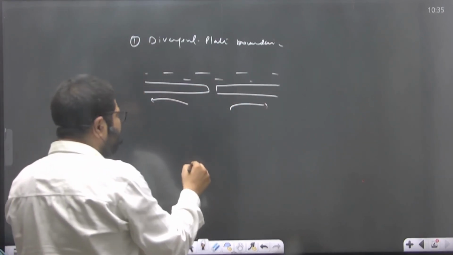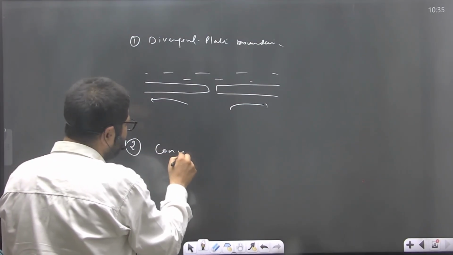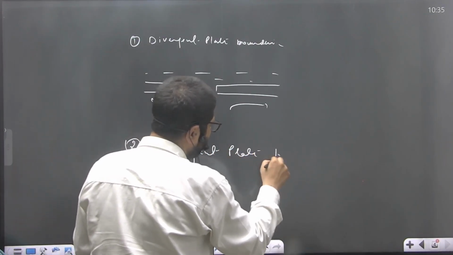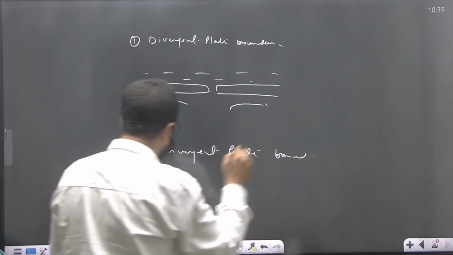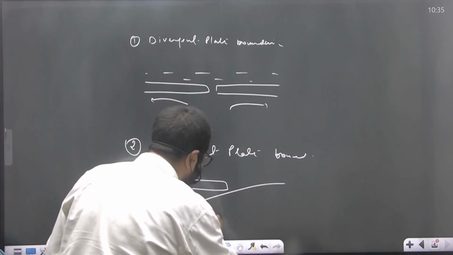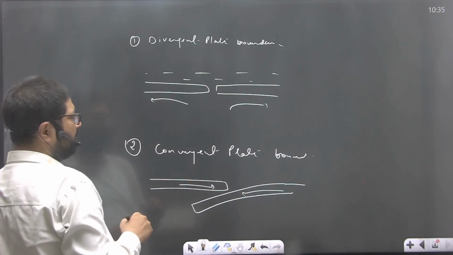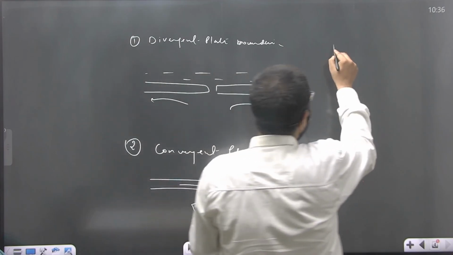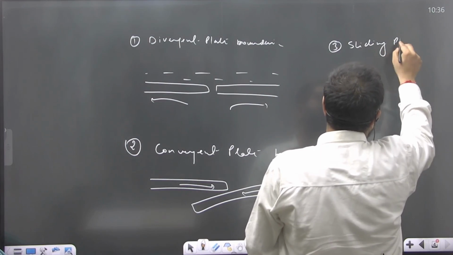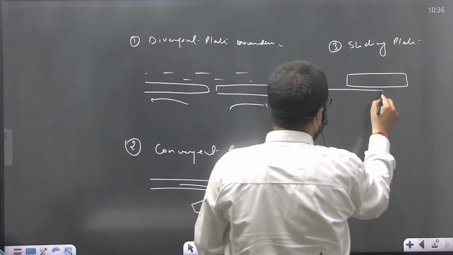Second is convergent plate boundaries, where the plates are moving towards each other and the heavier plate gets subducted below the lighter plate. And third is sliding plate boundaries, where the two plates slide past each other.